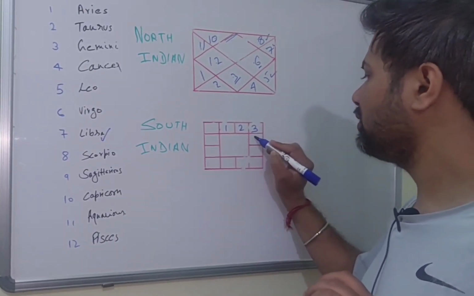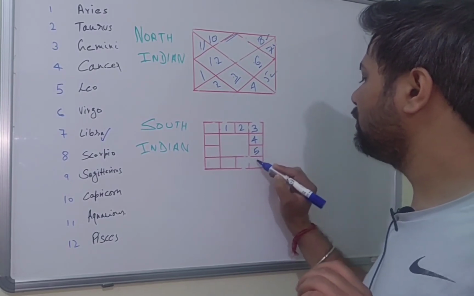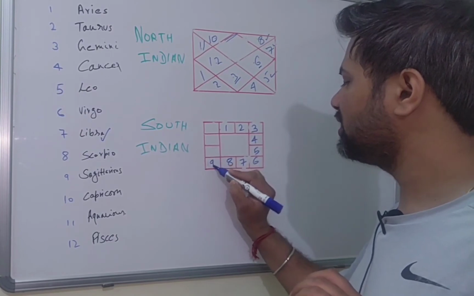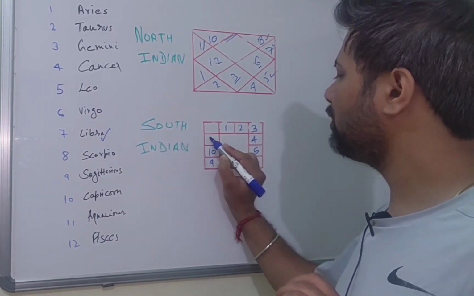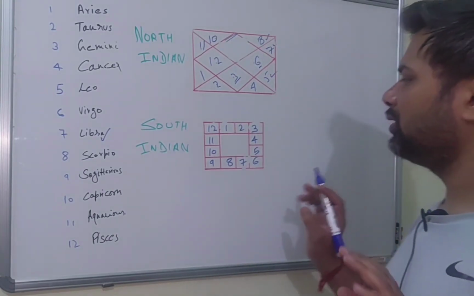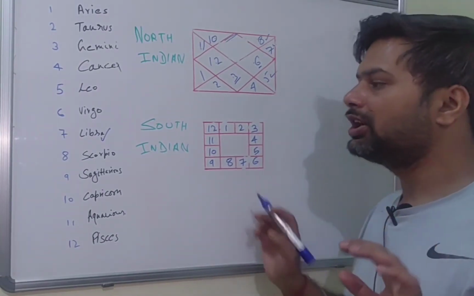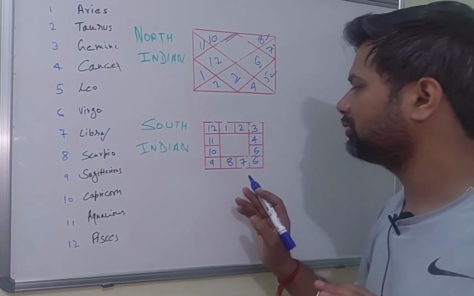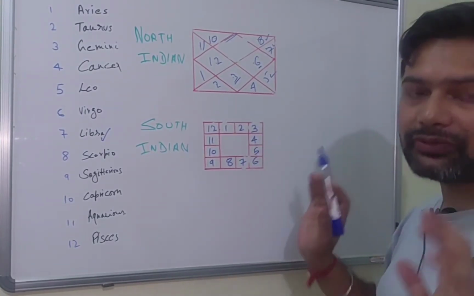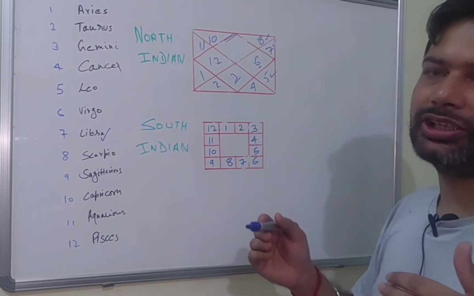Third, Gemini, Cancer, Leo, Virgo, Libra, Scorpio, Sagittarius, Capricorn, Aquarius, and Pisces. It is fixed. Rasis are fixed. The Lagna keeps changing. This is Aries Rasi, Taurus Rasi, like that. These are fixed and the Lagna keeps changing.